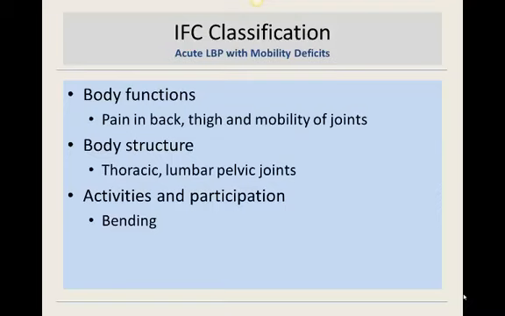The body structure is then the thoracic, lumbar, or pelvic joints. And this may limit them with activities and participation such as bending. So this is the first classification. It may also look similar to the treatment-based classification, manipulation or mobilization category.